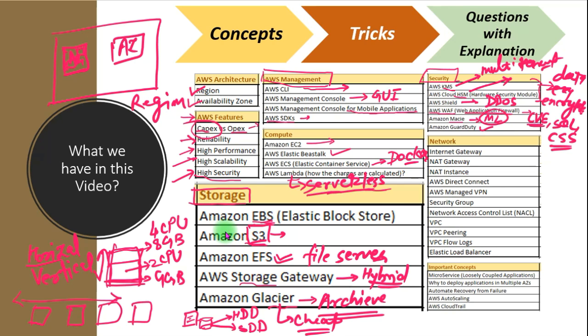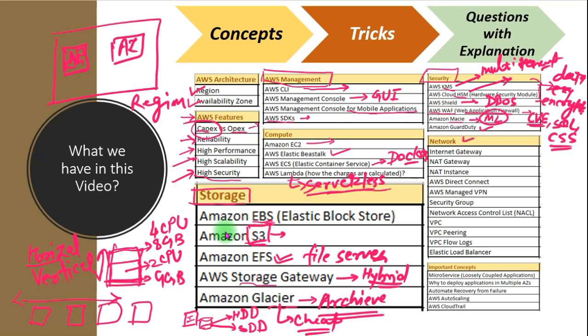Amazon GuardDuty is a threat detection service that continuously monitors our AWS accounts and workloads in our environment for any malicious activities, and delivers detailed security findings for visibility and remediation. So whenever this service finds any vulnerabilities or malicious activities, it helps us to remediate those vulnerabilities. We will cover the questions related to these services in this video.